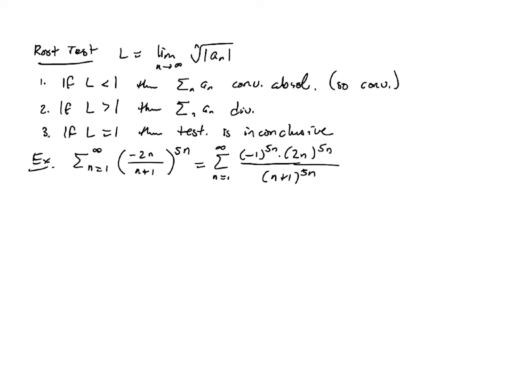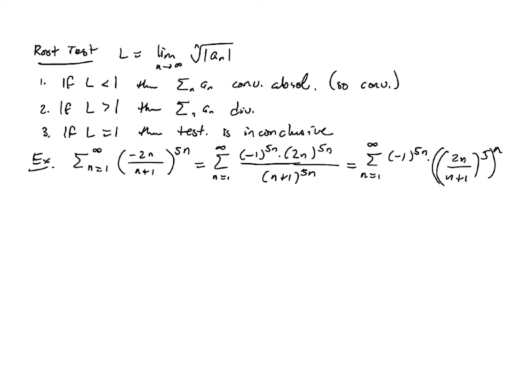And the other way that we'll simplify that is by rewriting all that stuff as an nth power. So this is the summation n equals 1 to infinity of (negative 1) to the 5n times the fraction, so 2 levels of parentheses here, 2n over n plus 1 to the 5, all raised to the nth power.